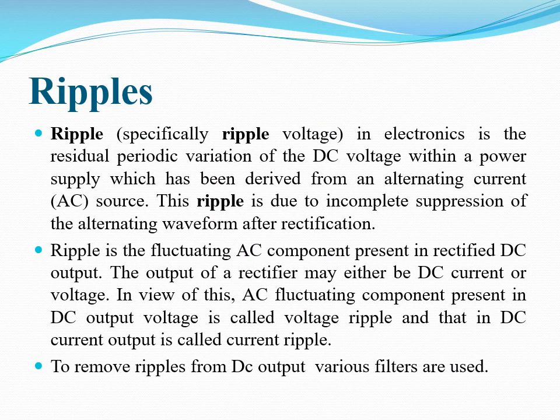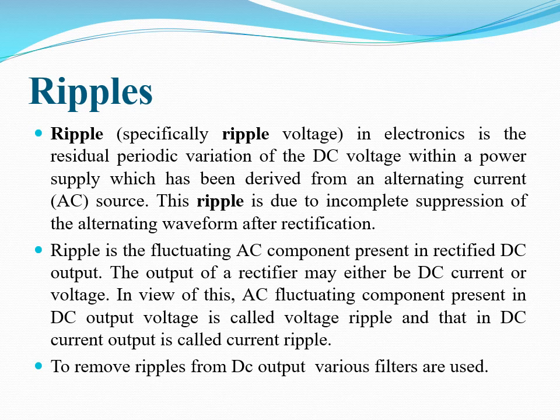Now the next topic is ripples. Ripple in electronics is the residual periodic variation of the DC voltage within a power supply which has been derived from an alternating current source. This ripple is due to incomplete suppression of the alternating waveform after rectification.